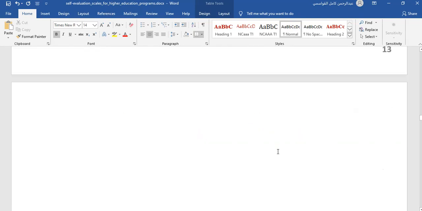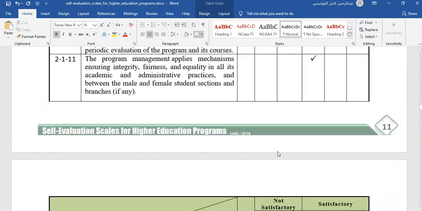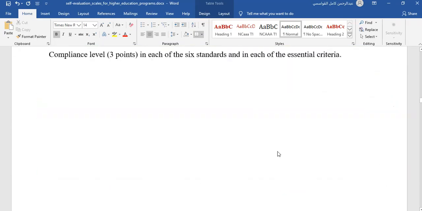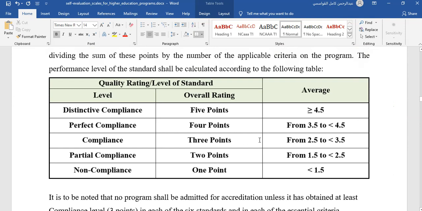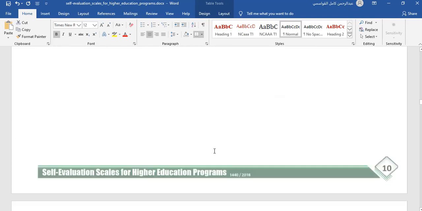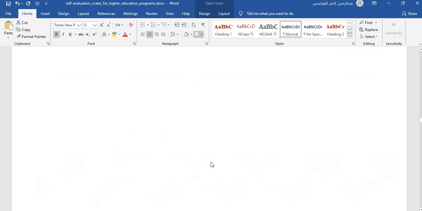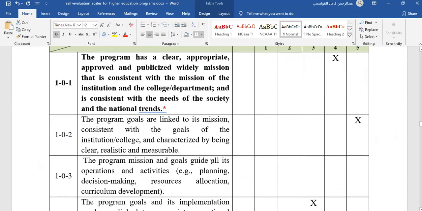Have a look here. As we said before, this is our example, and this is the table where you can find your overall rating, which means I have 4 points. So I will go back to this standard.